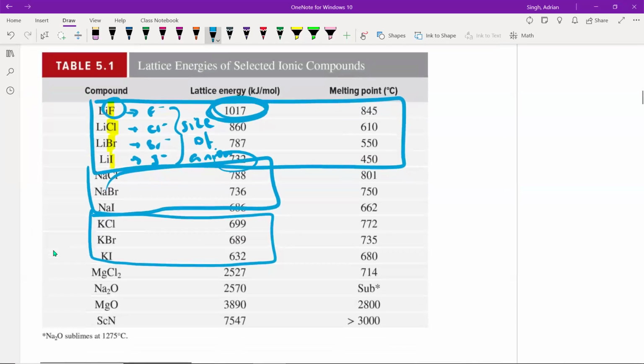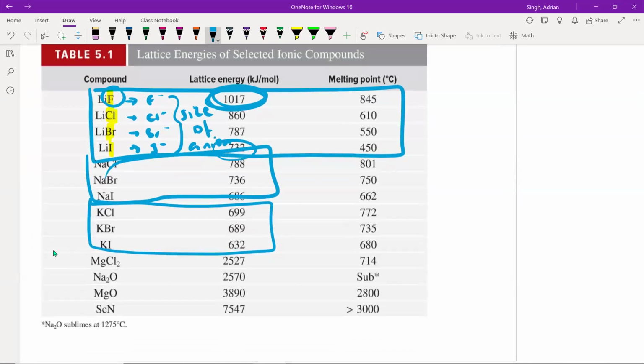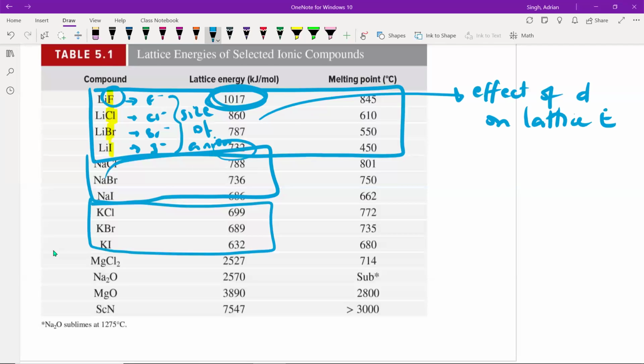So that's an example where the distance, the effect of D, on the lattice energy. And in the bottom examples, we can see the effect that the charge has on the lattice energy.